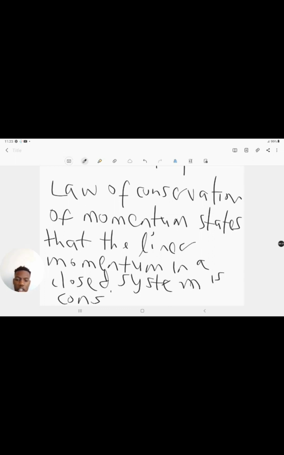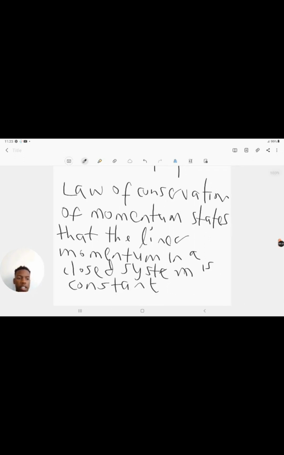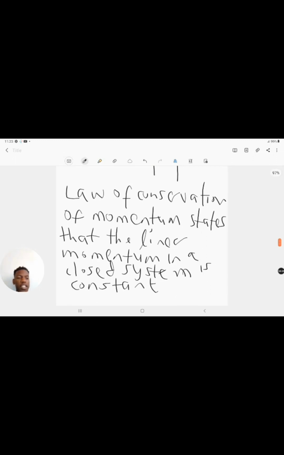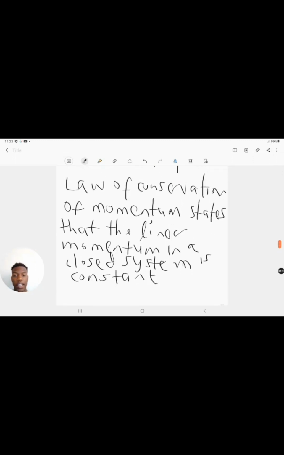It's conserved. It does not change. It stays the same. You could say that in any number of ways and it'd still be correct. So we have the law of conservation of momentum, and it says that the linear momentum in a closed system is constant. Now, that law still applies here.